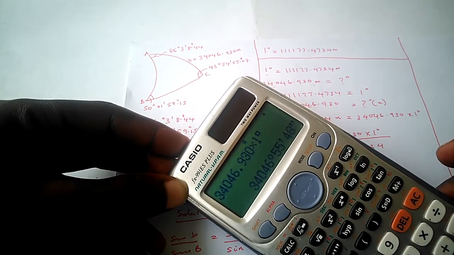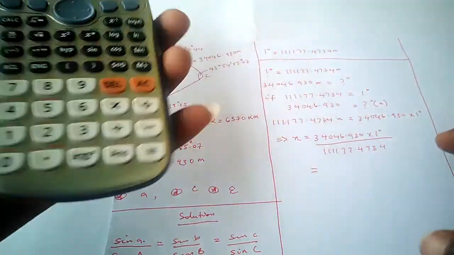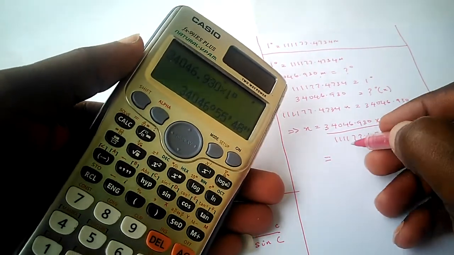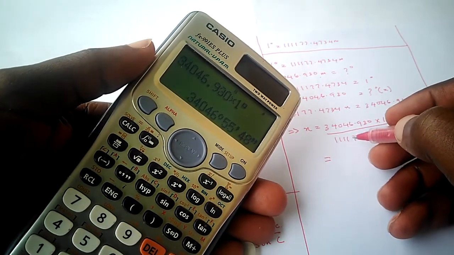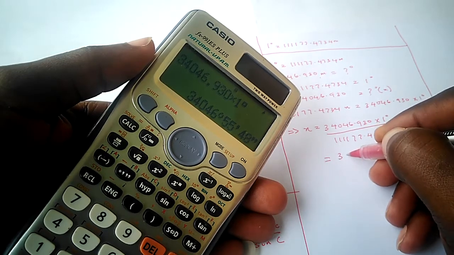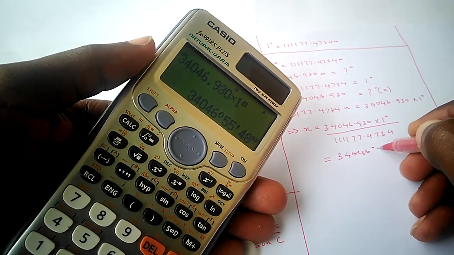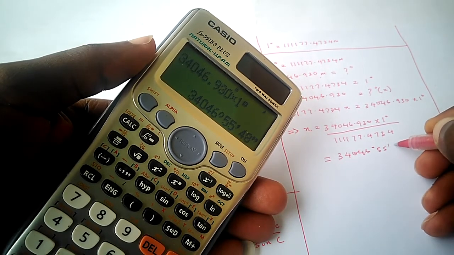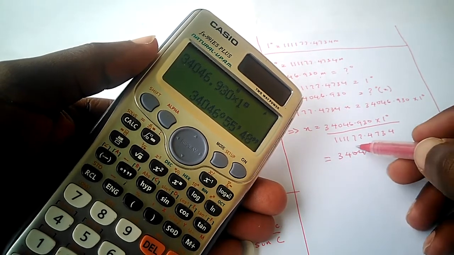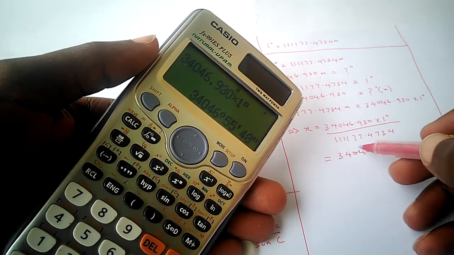It's virtually giving us an answer in degrees, minutes, and seconds, which we have as 34046.55. There is nothing like this in mathematics, however, but let's just use it.